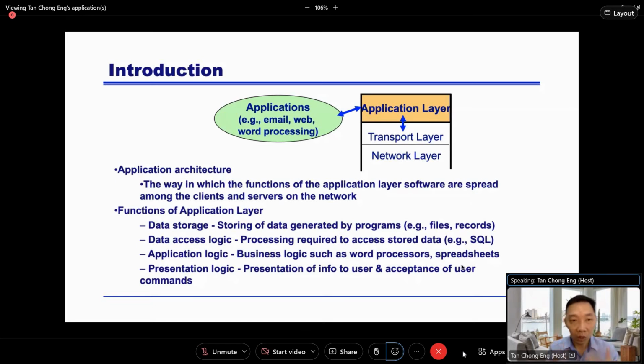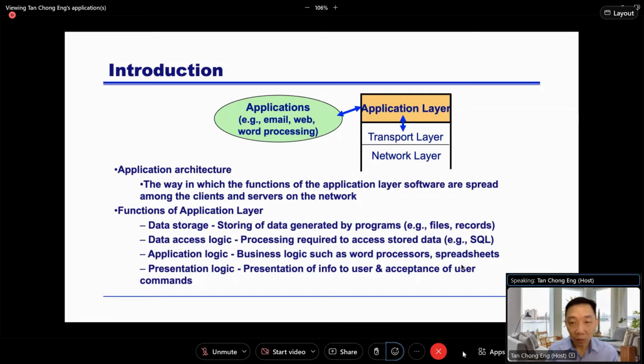So this kind of server will have huge databases. Another one is the data access logic, which is the processing required to access stored data. So you define the logic, for example, your SQL server. SQL is actually named SQL.